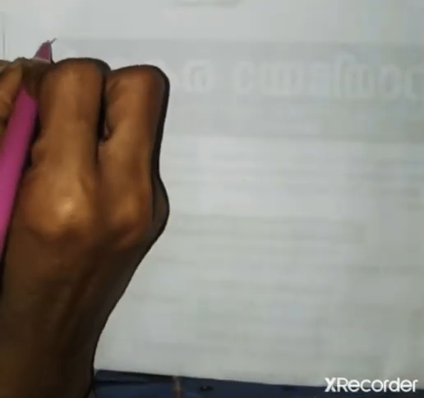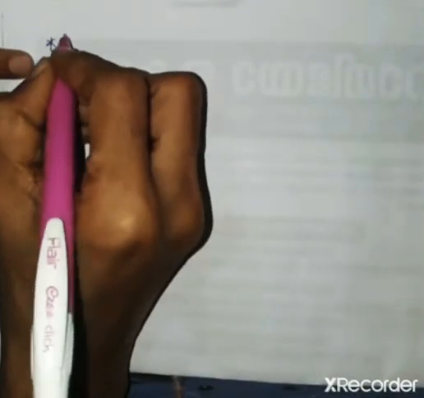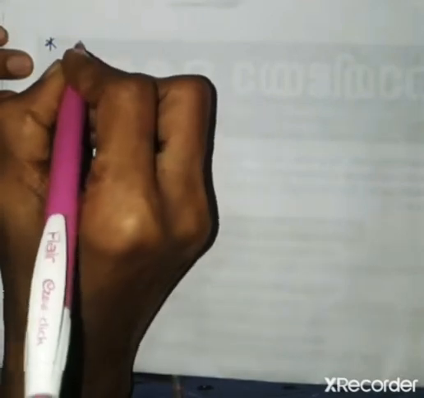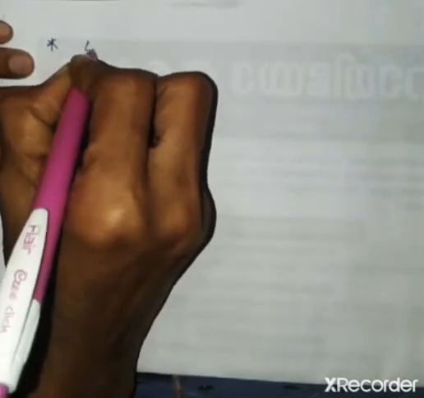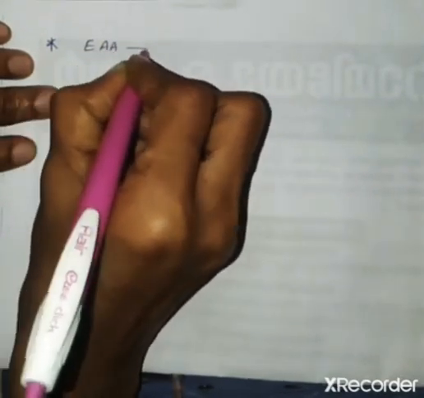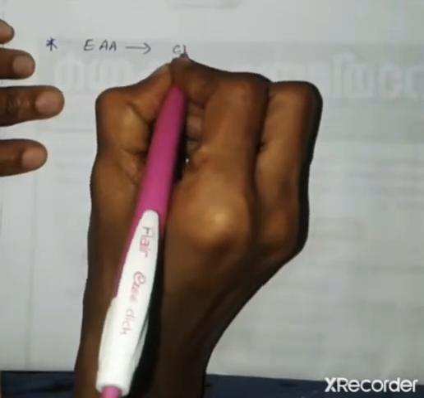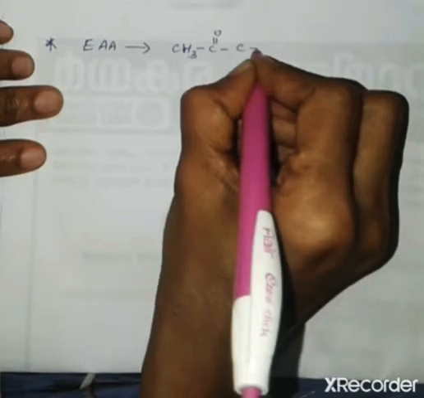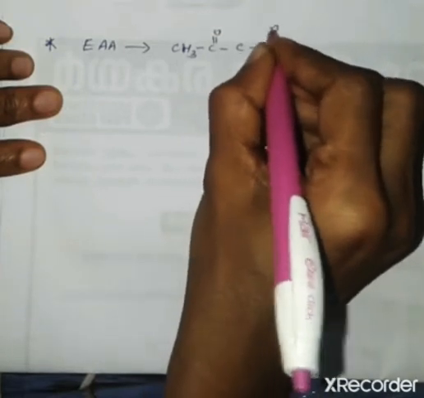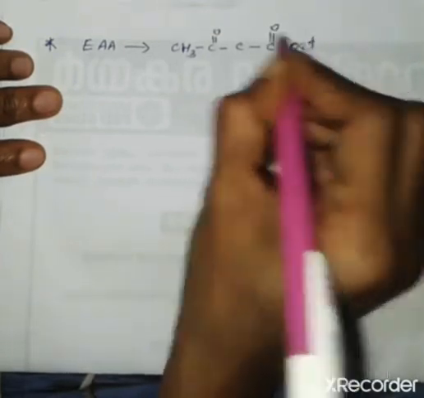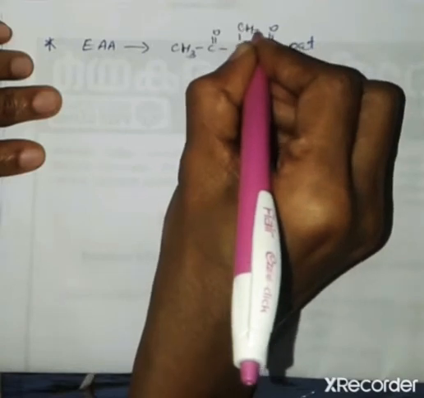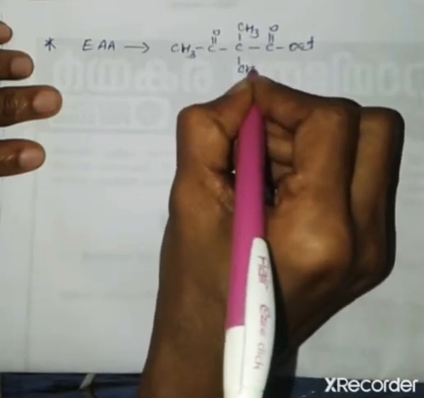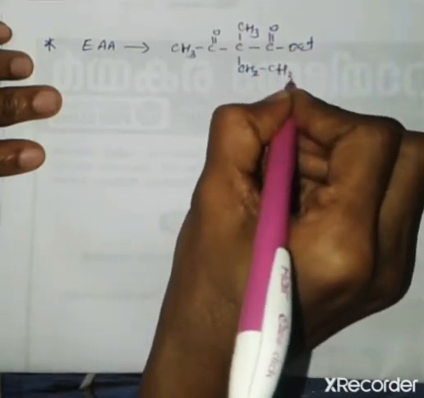Then next, how can we convert ethyl acetoacetate into CH3 C double bond O, C double bond O, OEt, CH3, CH2 CH3?